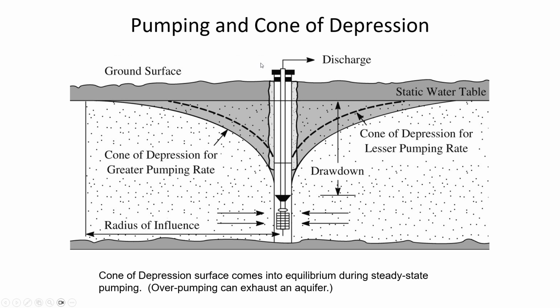When we have a well penetrating an aquifer and water is being pumped out of the well, it causes what's known as a cone of depression. So a cone of depression is, in this figure, this horizontal line, the static water table, is where the water surface elevation would be before you start pumping.